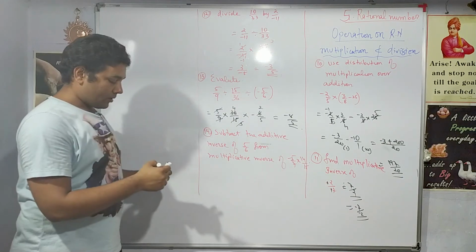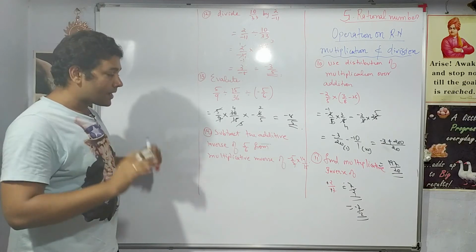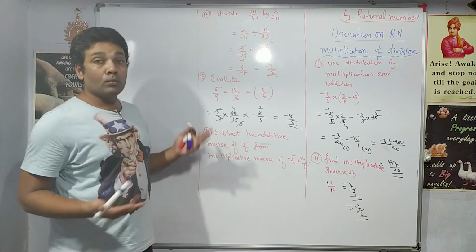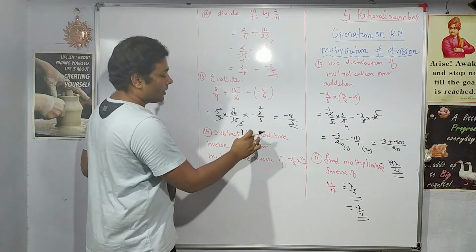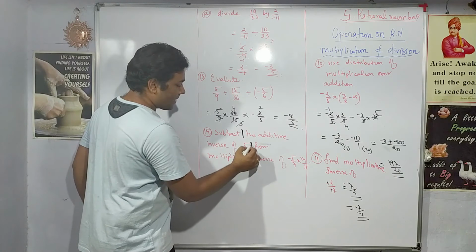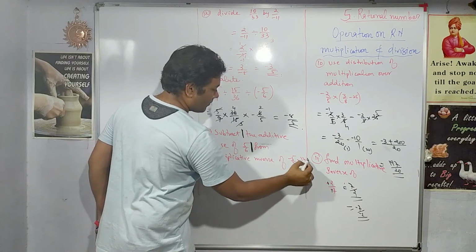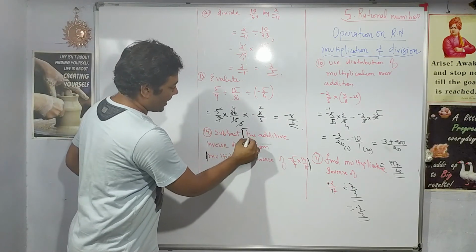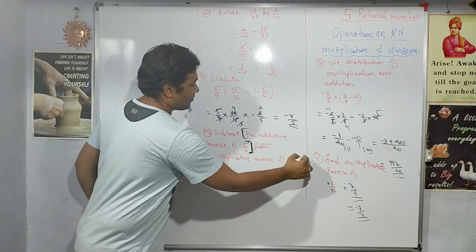How to do this? Now see, whenever you see a sentence, you have to read it 2 times, 3 times. Understand it first. Subtract. What to subtract? Subtract the additive inverse of 5 by 6 from multiplicative inverse of this number. So this part has to be subtracted from this part.